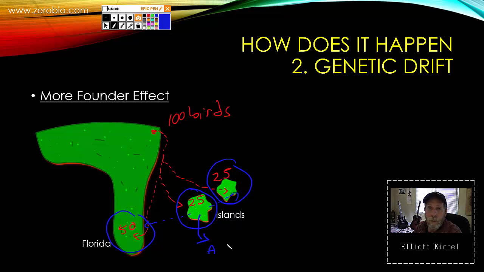They become species A. Over time, these ones on a slightly different island change a little bit and they become species B. And these ones in Miami, we'll call them species C. All right, so this is the founder effect, where we have a small group of organisms creating a new population in an isolated area. They are geographically and reproductively isolated.